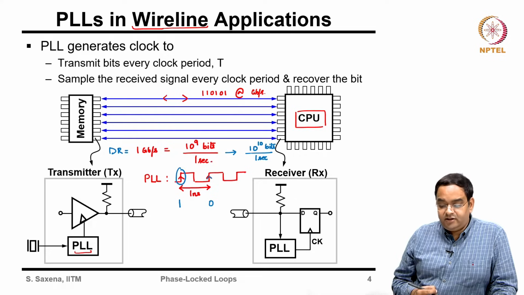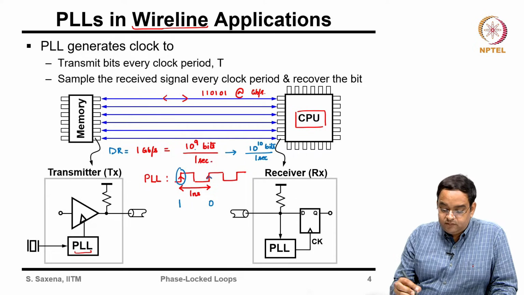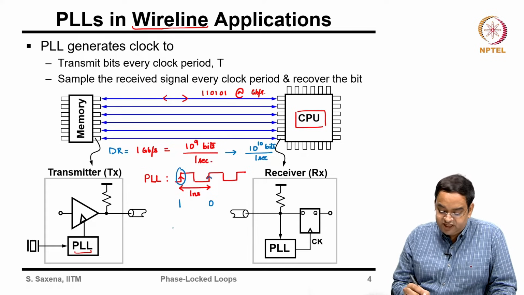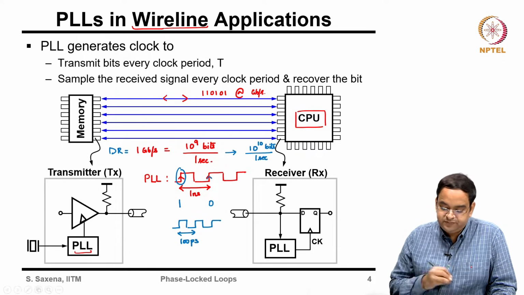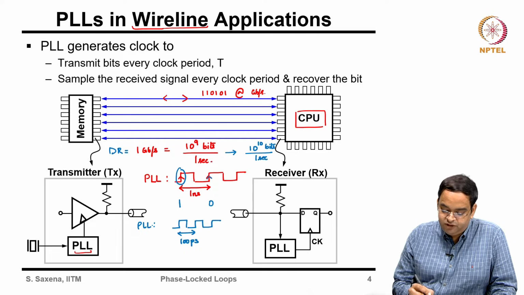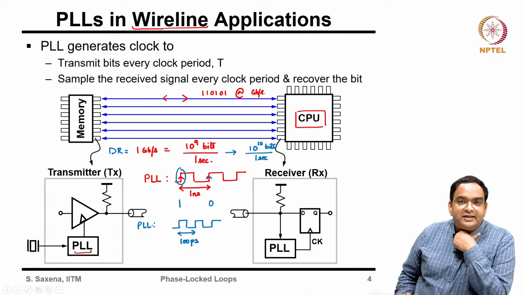So, when you are transferring 10^10 bits per second, you need a clock whose period is 100 picoseconds. Okay. This should be your new PLL which generates at that data rate.